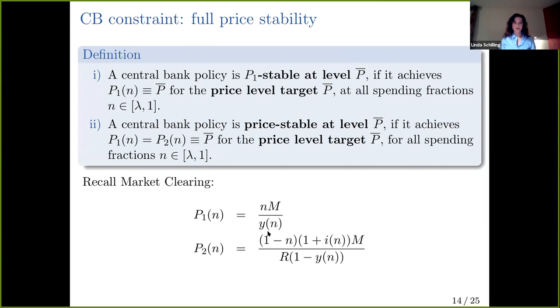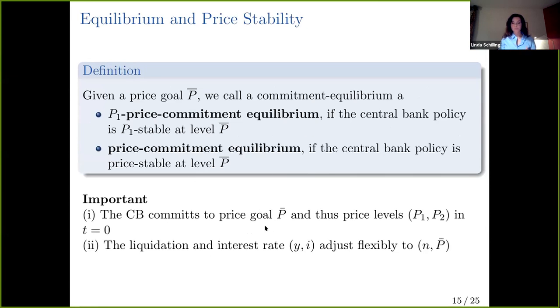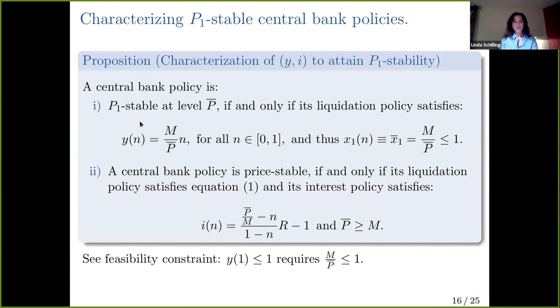Okay, so we change the equilibrium notion. A P1 stable policy by the central bank requires that she liquidates assets in a constant proportion to aggregate spending. So the larger the spending, the larger the fraction of the asset that needs to be liquidated.